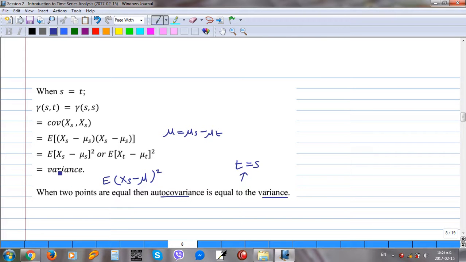Remember that when t equals s, the covariance automatically converts into the variance. Sometimes the variance is given in the question, so if after simplifying you reach that point, you can substitute the variance and find the final answer.